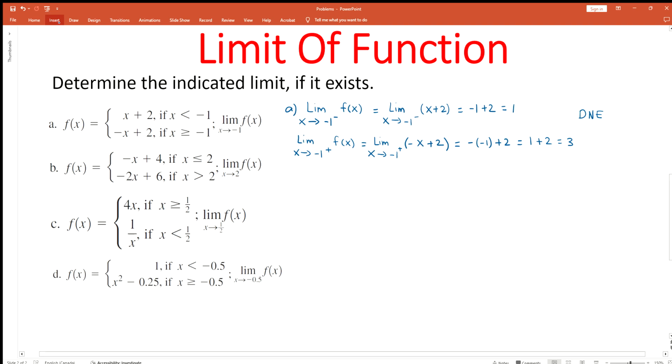Now we can analyze part B. In part B, we have to evaluate the limit x approaches 2 for f at x. The piecewise function in part B is made up of functions -x plus 4 for x less than or equal to 2 and -2x plus 6 for x greater than 2. Let's start with the left-hand limit. We put a small negative sign on 2.